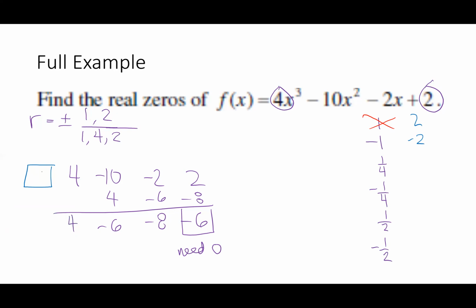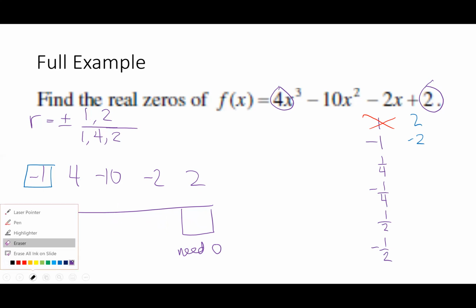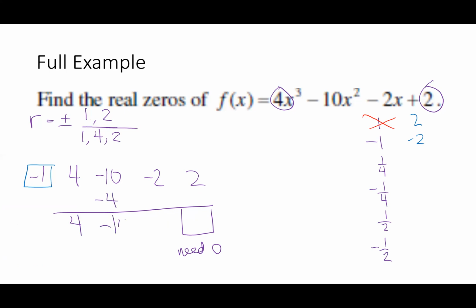Now let's do negative 1. Maybe negative 1 is going to be a winner. Okay, there's a few little trickety tricks that you can use to help with your guessing, but I'll tell you they're not intuitive.